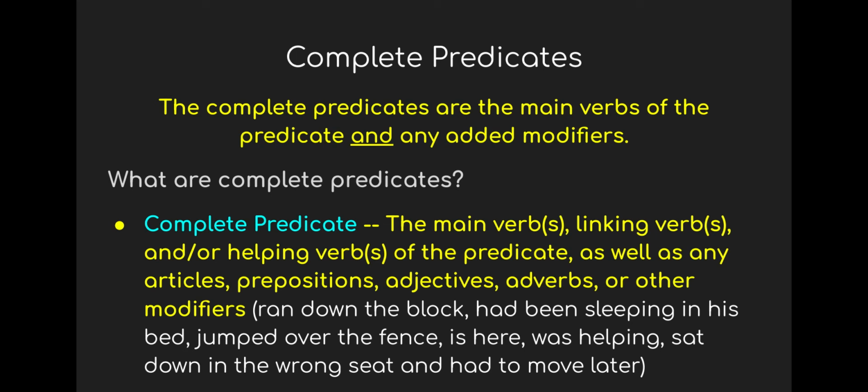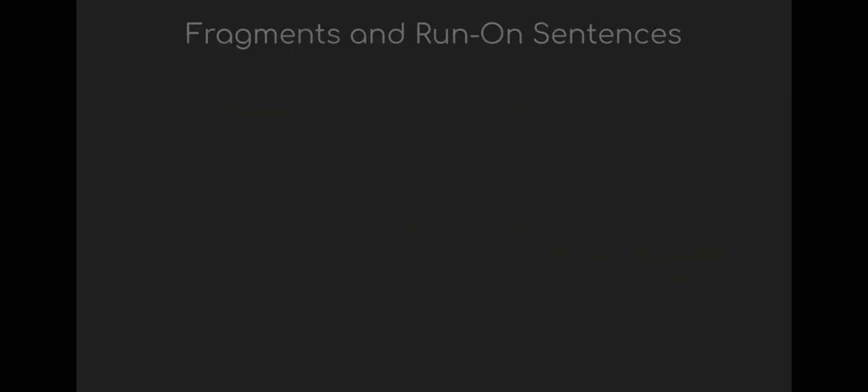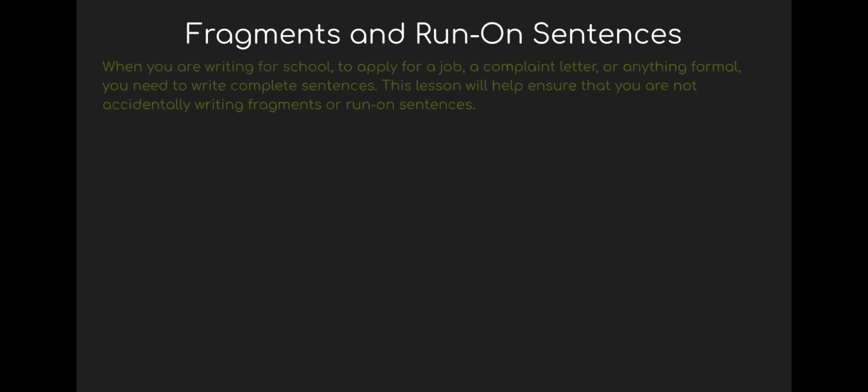Ran down the block, had been sleeping in his bed, jumped over the fence, is here, was helping, sat down in the wrong seat and had to move later. Okay, that's a long one, but that would be a complete predicate. And the whole point of understanding subjects and predicates is so we can understand the difference between fragments and run-ons.